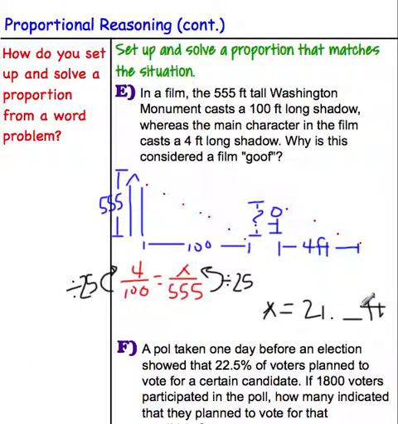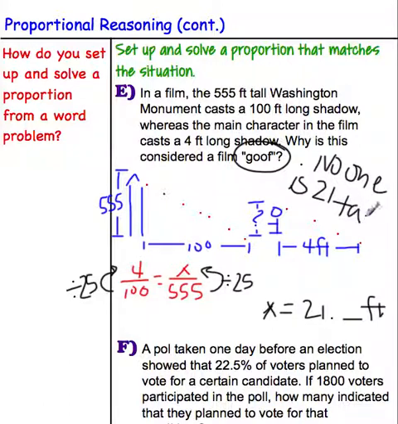And clearly this is considered a goof because realistically no one would be 21 feet tall. Not even the tallest man on earth. So no one is 21 foot tall.